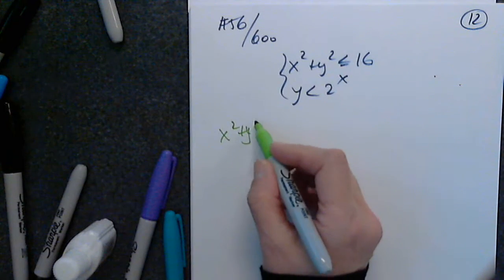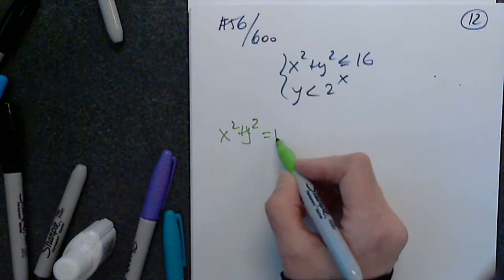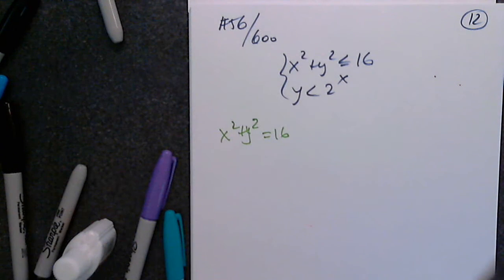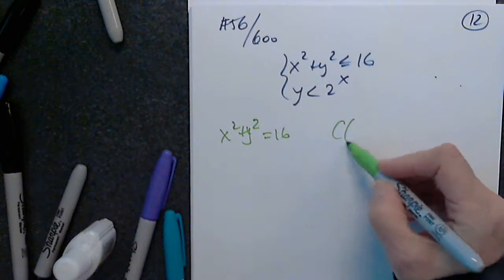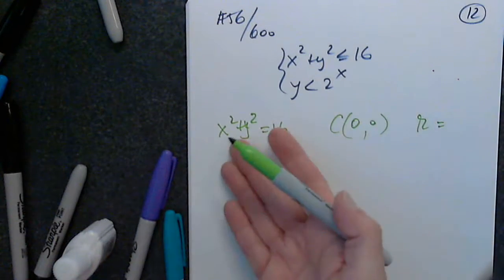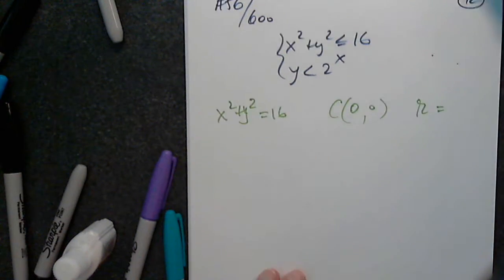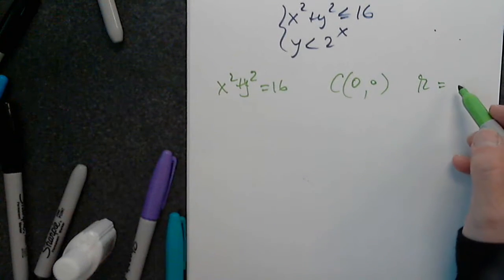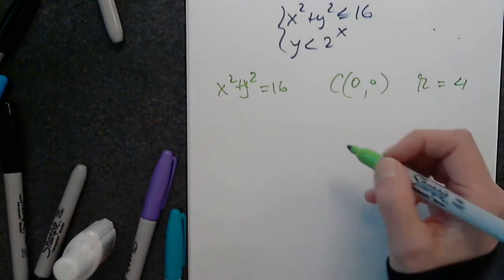It is x squared plus y squared equals 16, and we know what this means. What does it represent? A circle, and the center is, and the radius is. Right, indeed. We don't subtract anything from x and y, and we don't add. So the center is the origin, and the radius is 4, indeed.